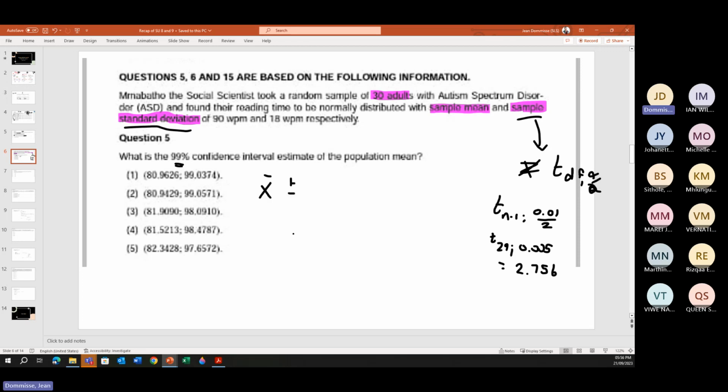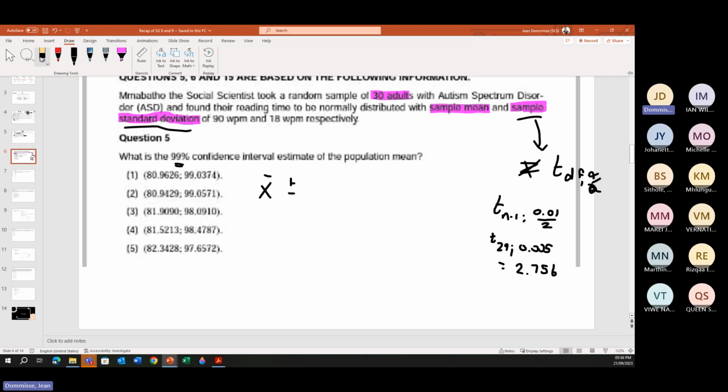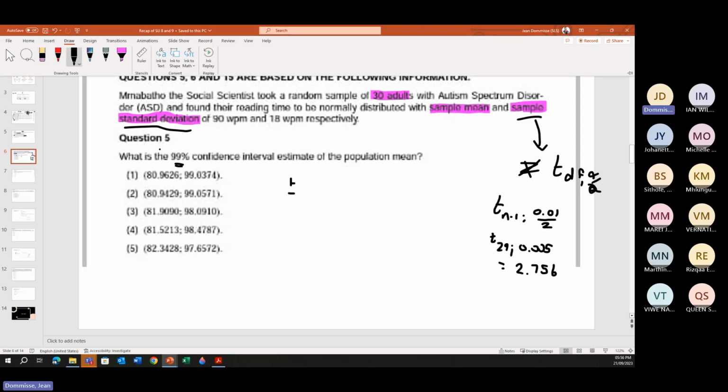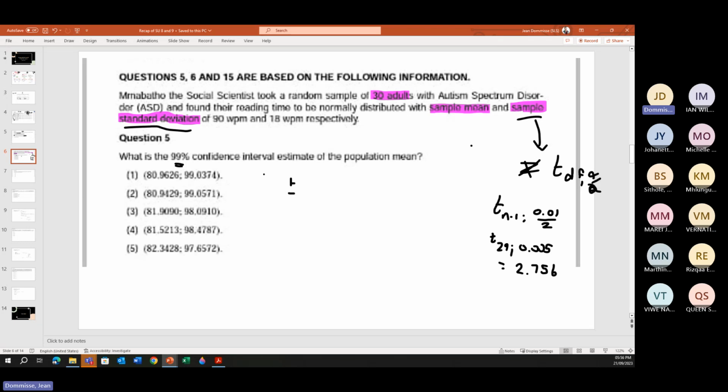So then our confidence interval will be, and let's automatically write in what x is. So we sit with a sample mean of 90, plus minus your t value, 2,756, times, remember, your standard deviation divided by square root of n.